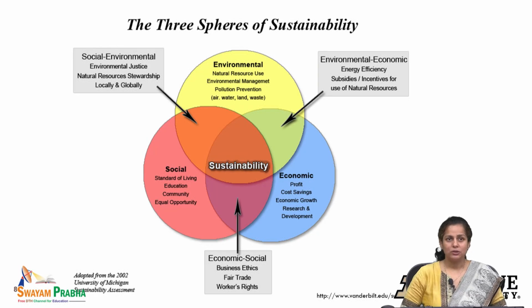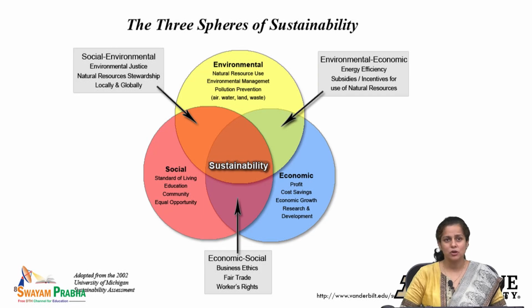The environmental and social interaction is where we talk about environmental justice, natural resources stewardship, and local and global maintenance of those systems. This is where we talk about how societies and local communities are affected by environmental degradation, and how we can maintain the sustainability of environmental and social interaction systems.